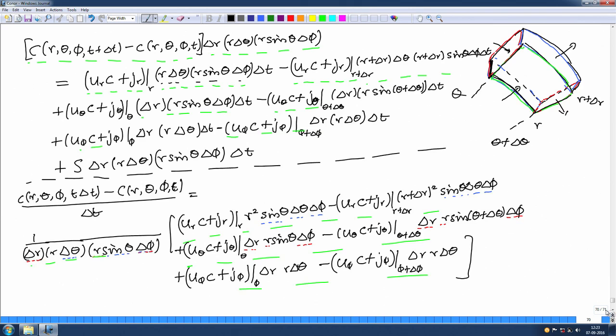And on the final term here, as you vary phi, r does not change, delta r does not change, delta theta does not change. Therefore, I can cancel out all of these, delta r and r delta theta.